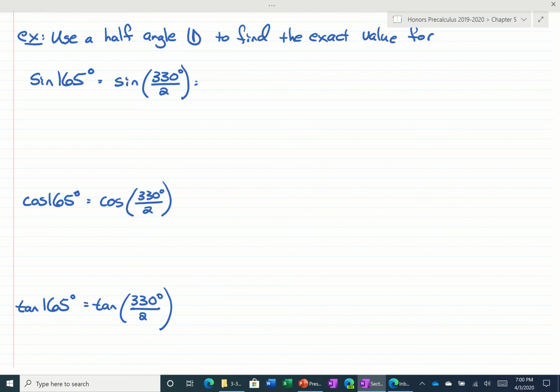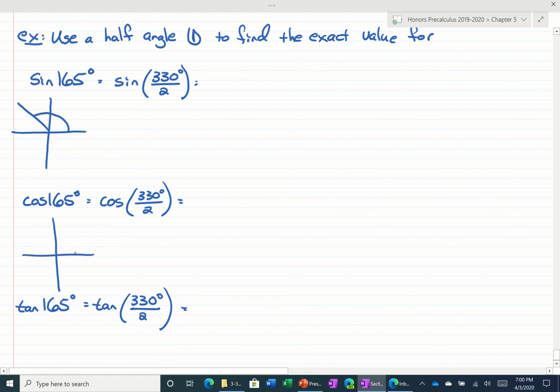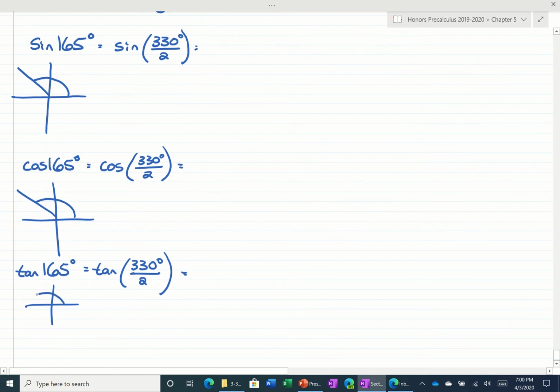Okay, so now let's figure out if they're going to be a positive or a negative. The sine of 165 puts us over here. We use the original to figure out if we're going to be a positive or a negative answer. Well, in the second quadrant, the only thing that's positive is sine.